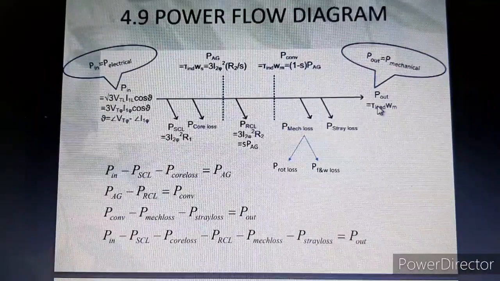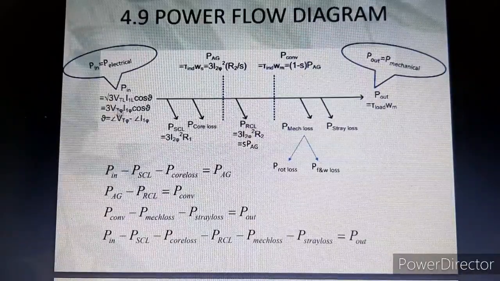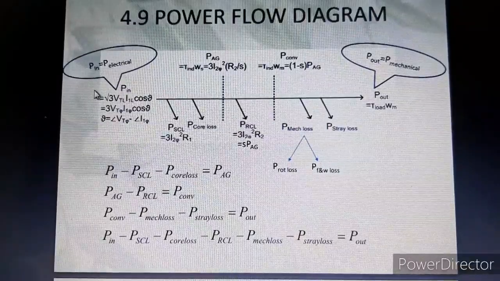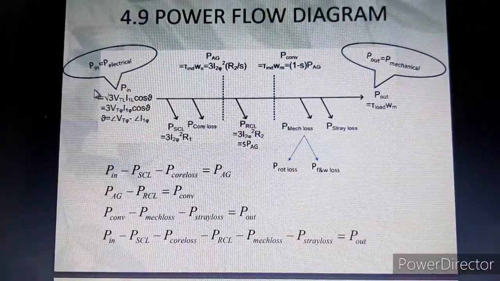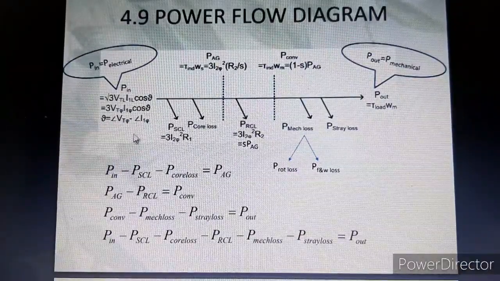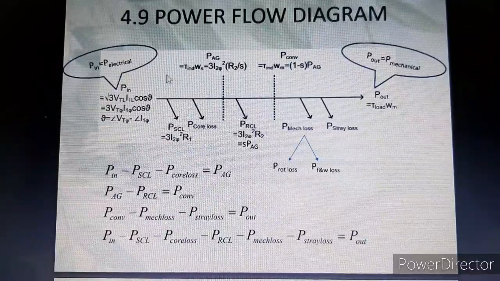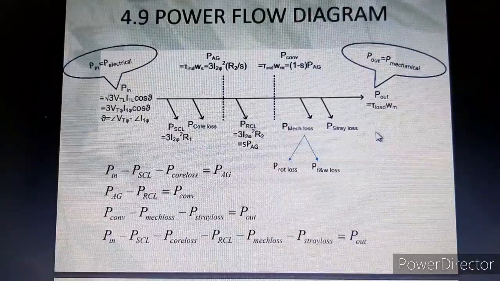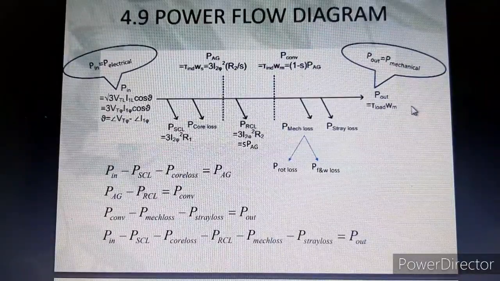Another thing is actually you can go from input to output or output to input. This is just additional information, but I would suggest students to only memorize one way, not two ways. But if you are interested, for your information, we can start from the back.